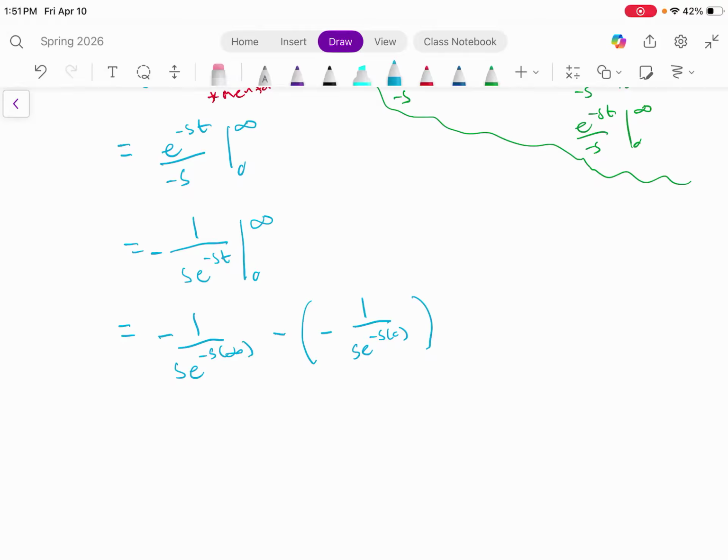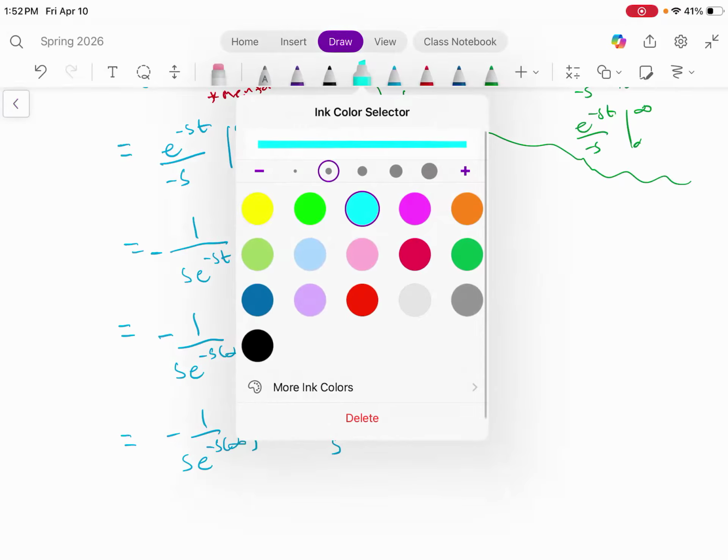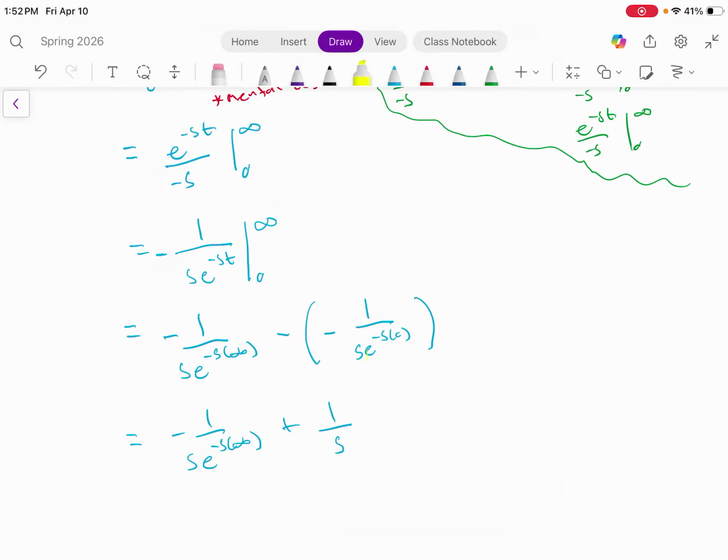Okay, let's clean this up a bit. Negative 1 over s e to the negative s times infinity, plus 1 over s times e to the 0, which is just going to be 1.